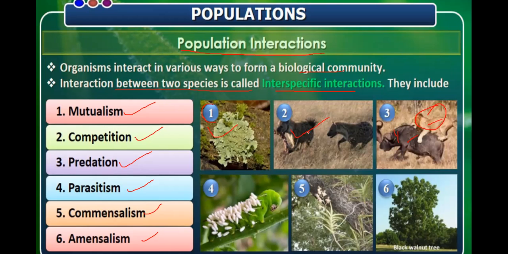When there is competition within the same species, that is intraspecific competition. So this is more dangerous. Why? Because the requirements are the same. If there is competition between two different species, that is called interspecific competition. So this is the third one, that is predation. The fourth one is parasitism. Then commensalism. Then this is amensalism.